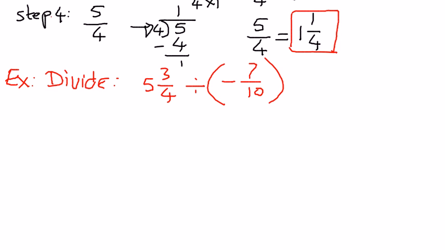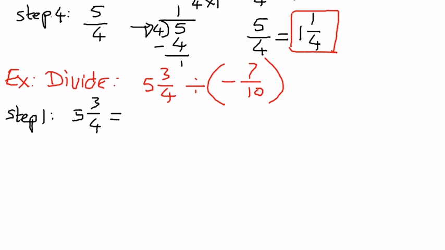Okay. Now, as step number 1, we're going to write the first fraction, which is in its mixed number format, into an improper fraction format. We take 5 3 over 4 and then write it out as an improper fraction.